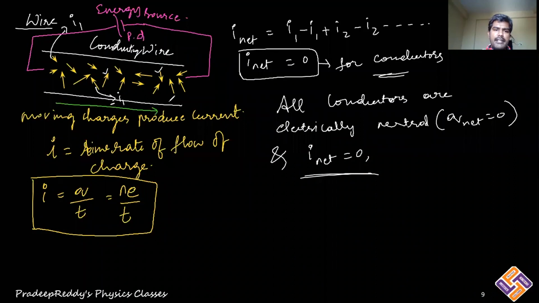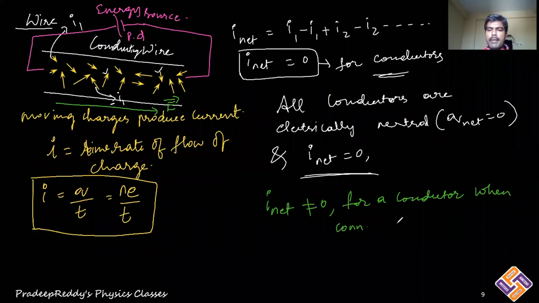This is the electric field E, and because of this electric field, all these electrons experience a force. Because of that force, they drift in one particular direction. As a result, I net is not equal to 0 for a conductor when connected with a battery.